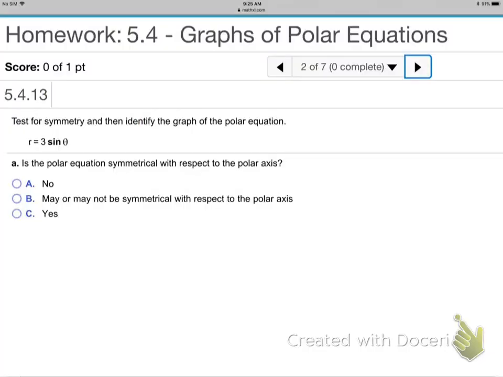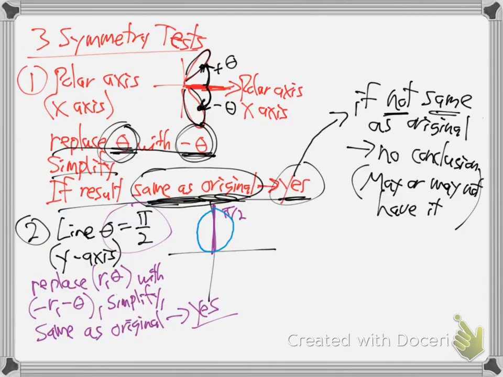So what does that mean then? Well, that means if you're at any point, let's say right here, r theta, if instead of moving the cannon to that positive theta, you move the cannon to the negative theta, you with me? Right, we're saying instead of turning the cannon to theta and shooting out r, turn the cannon to negative theta and shoot what?